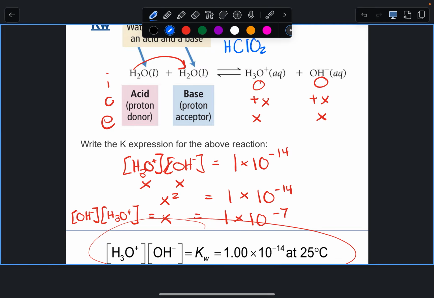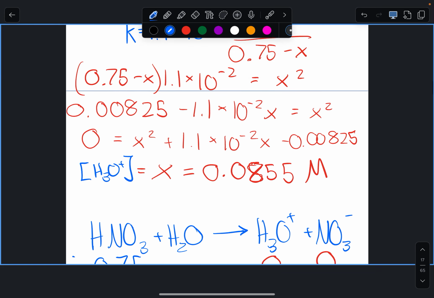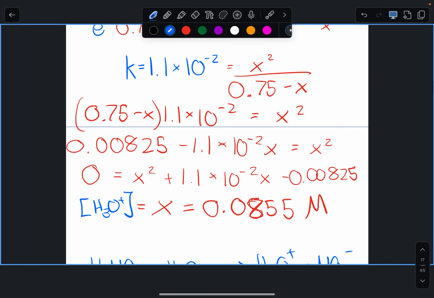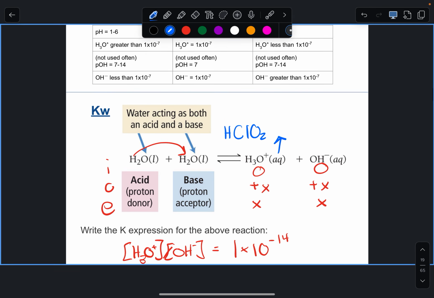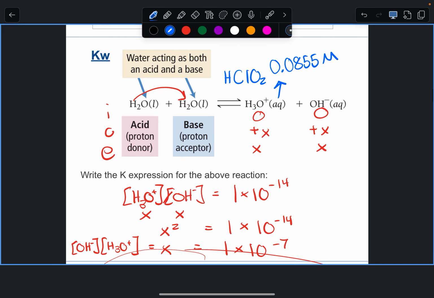But by adding the HClO2, we increased the H3O+. It started out as 1 times 10 to the negative second, and we calculated it to be 0.0855, okay? So by adding the HClO2, we increase this to 0.0855 molar, even though it was 1 times 10 to the negative 7 when it was neutral water.